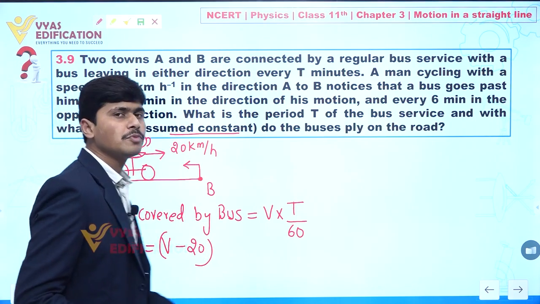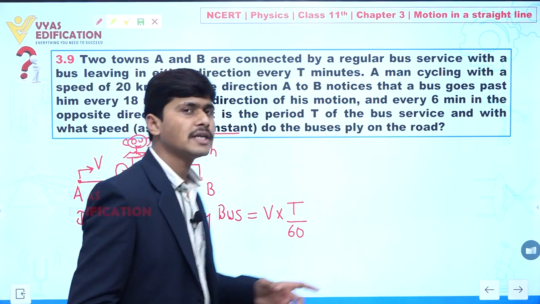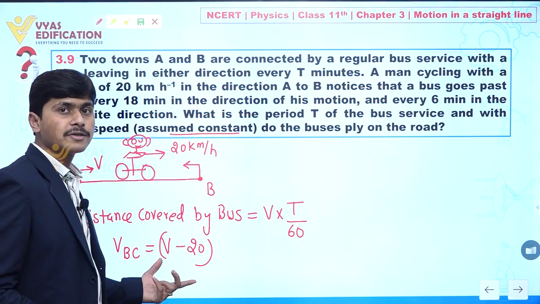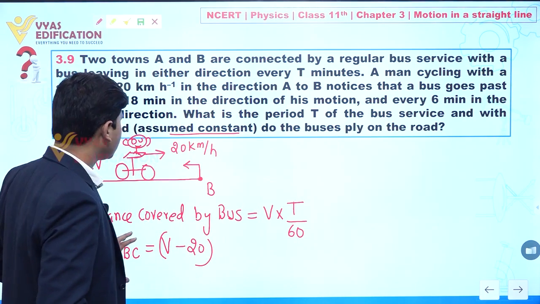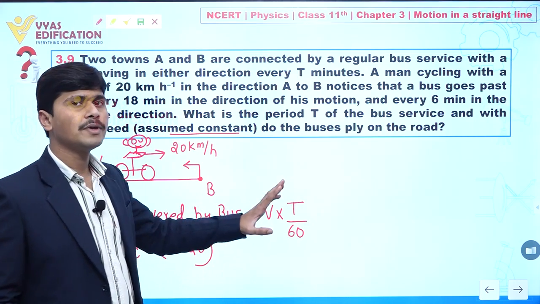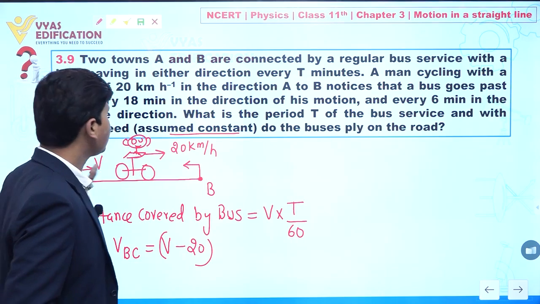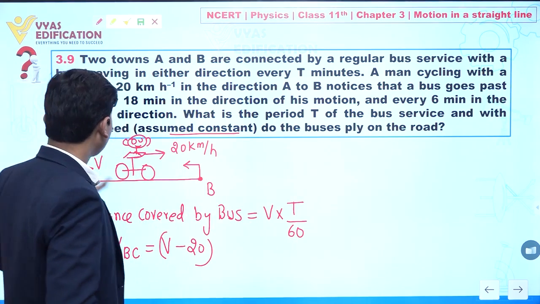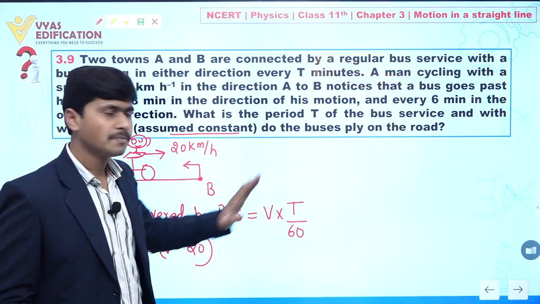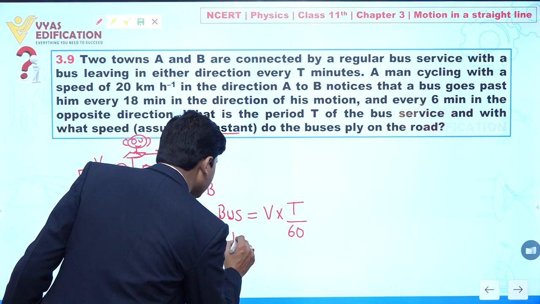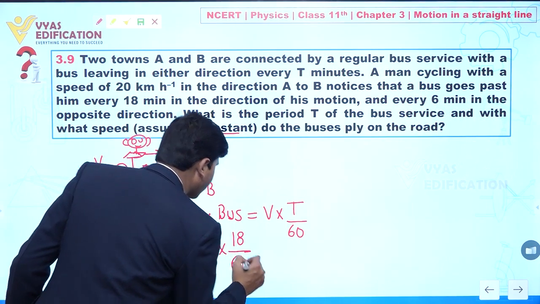Yes or no? Because both are going in the same direction, the relative velocity can be written like this. It is given that when the bus is going from A to B, after 18 minutes the person observes that a bus crosses the cyclist. It means we can find the total distance covered in 18 minutes like this.